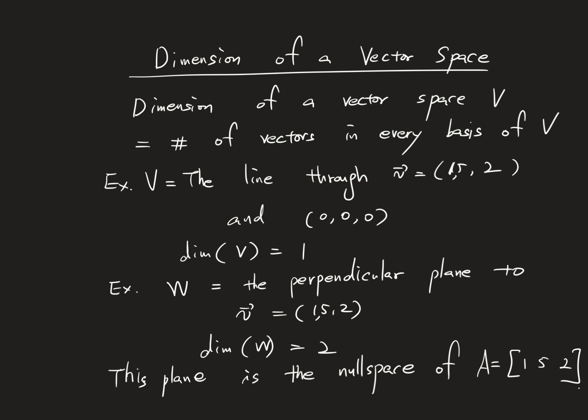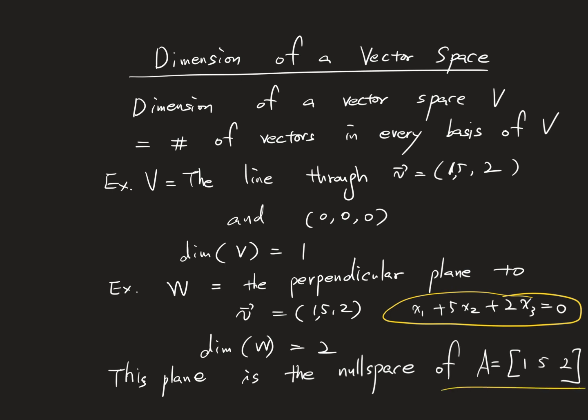Because the equation of this plane is x1 plus 5 x2 plus 2 x3 is equal to 0. And this is the plane, so this is the null space of this matrix.